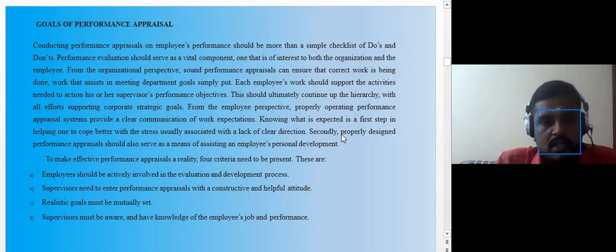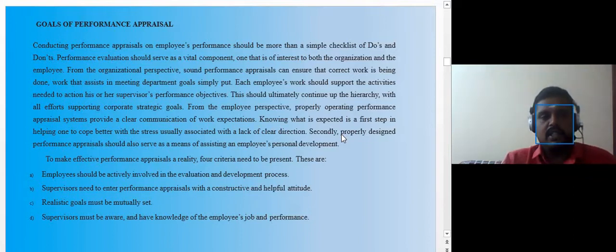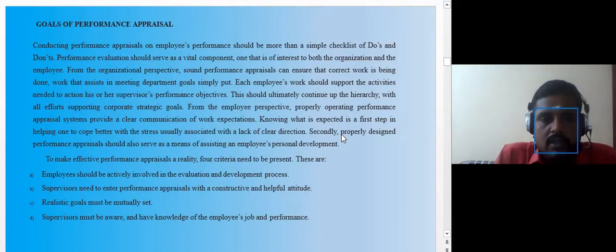From the organizational perspective, a sound performance appraisal can ensure that correct work is being done, work that assists in meeting department goals. From the employee perspective, a properly operating performance appraisal system provides a clear communication of work expectations. Knowing what is expected is a first step in helping one to cope better with the stress usually associated with the lack of clear direction.